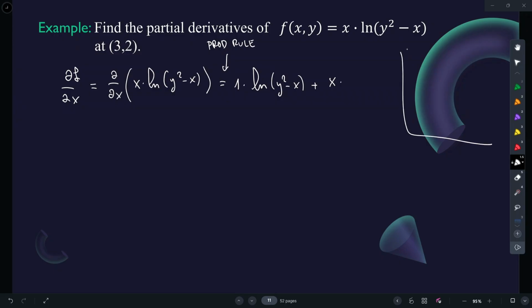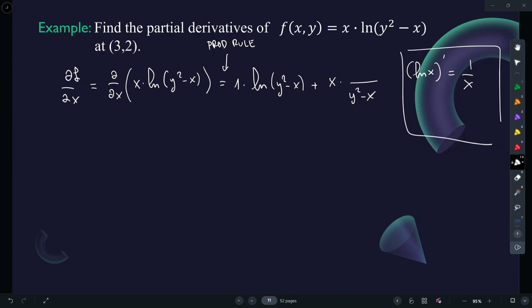Remember that the derivative of ln x is 1 over x, and I'm composing with y squared minus x, so it's going to be the derivative evaluated at y squared minus x, so there's going to be a y squared minus x in the denominator, times the derivative of the inside, so the derivative of y squared minus x with respect to x.